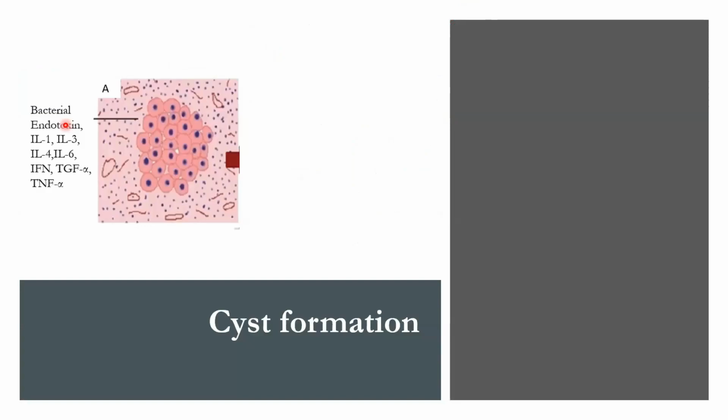Let's see how the cyst forms. So there is a proliferation of the cell rests or any other cells which are capable of undergoing proliferation with a high mitotic index, and these eventually form a sphere of cells.